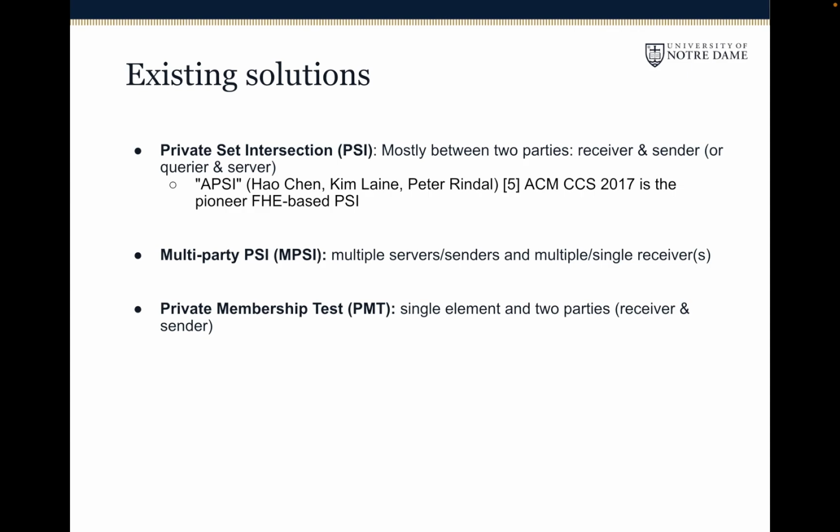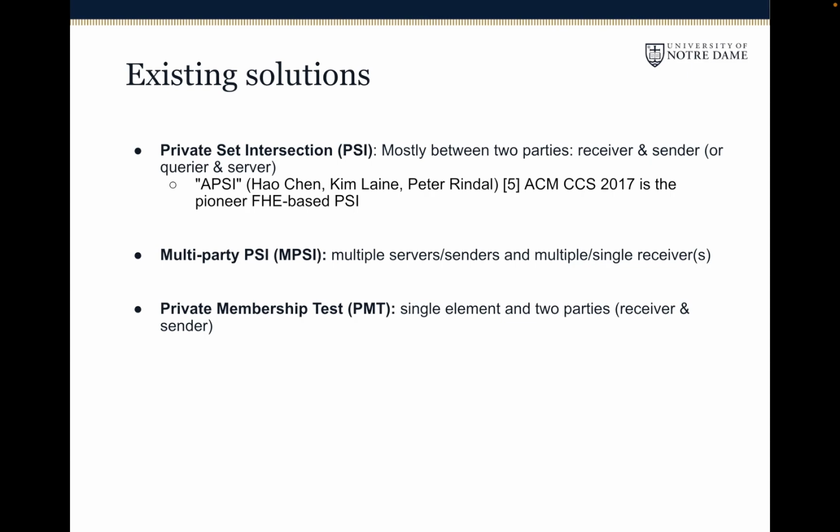Some existing solutions that provide really fast methods to solve the PSMT problem include private set intersection, multi-party PSI, or private membership test. In PSI in particular, we have asymmetric PSI, which is a pioneer FHE-based PSI, and provides a very fast solution to the PSMT problem.